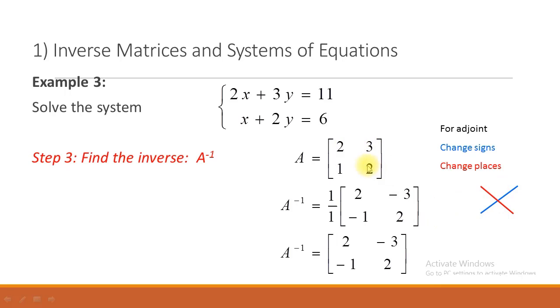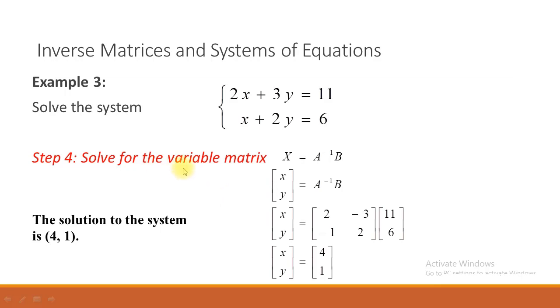So change the places of these two and change the sign of these two. We obtain the adjoint as [2 -3; -1 2]. Now 1 over determinant into the adjoint of the matrix A gives us the inverse of the coefficient matrix, [2 -3; -1 2].